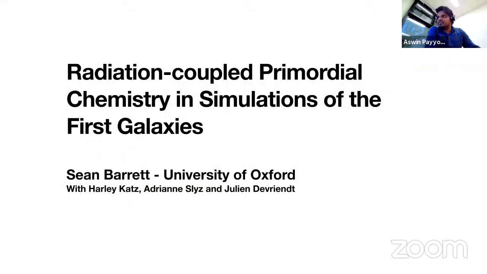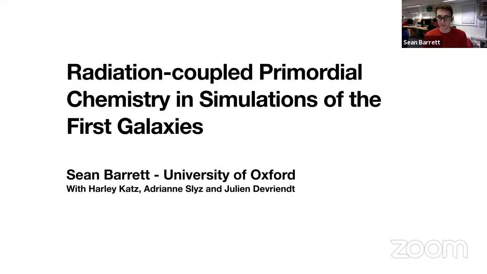Okay, so our next talk is by Sean Barrett. He's going to talk to us about radiation-coupled primordial chemistry in simulations of the first galaxies. Thank you. So, hi, I'm Sean.